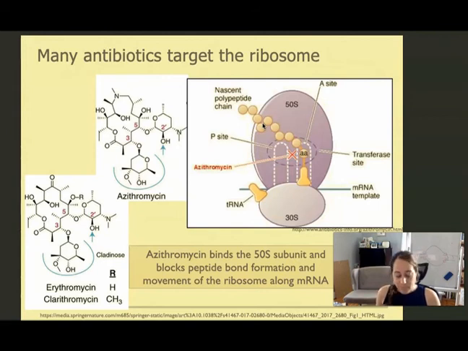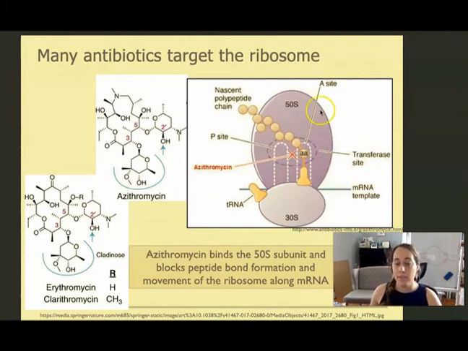However, I talked about all the similarities, but there are definitely differences, and the ribosome in prokaryotes is a different size. The two subunits are different sizes and slightly different shaped than the ribosomal subunits in eukaryotes. And the difference in size and shape allows us to make antibiotics, and also allows bacteria to make antibiotics, that target only the bacterial ribosome and not the eukaryotic ribosome.